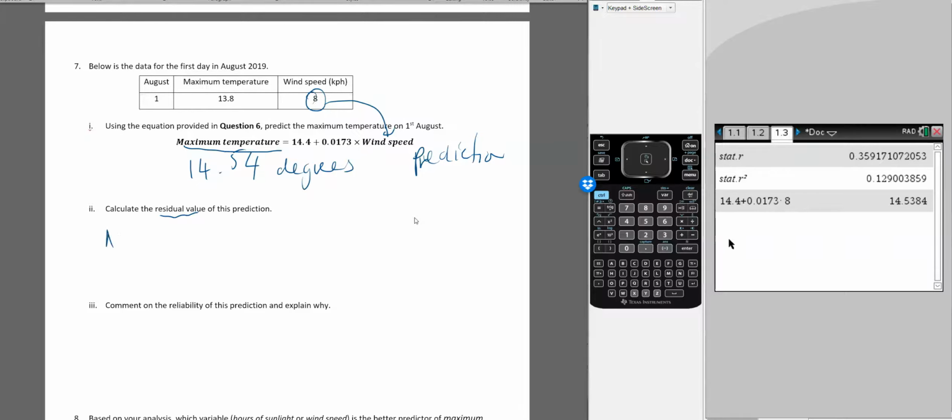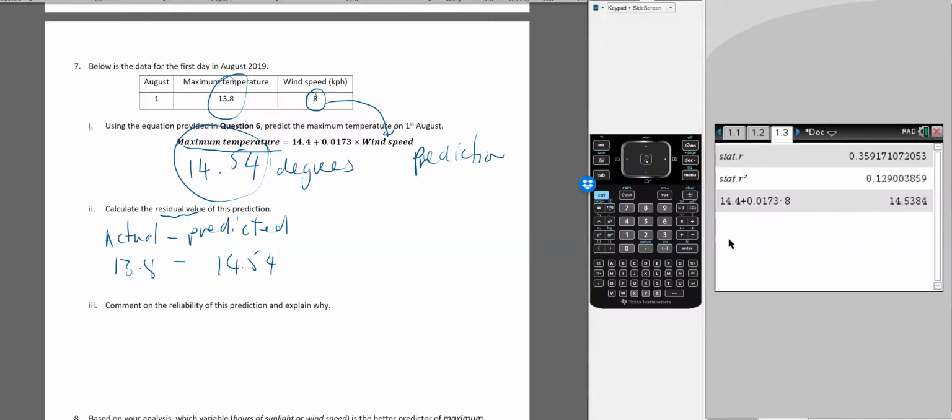The next question says calculate the residual value. Now remember, residual is actual minus predicted. So the actual value is 13.8, but we predicted it to be 14.54.